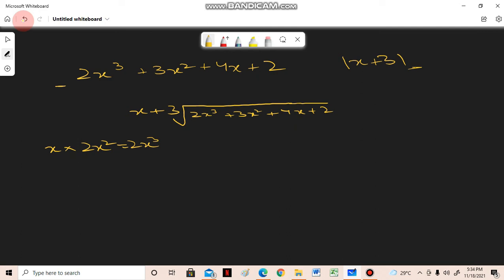So x multiplied by 2x squared is equal to 2x cubed. Okay, the second step is to multiply this 3 with 2x squared. So positive 3 multiplied by positive 2x squared is positive 6x squared. Okay, now solve this. So this will cancel and this will become negative.